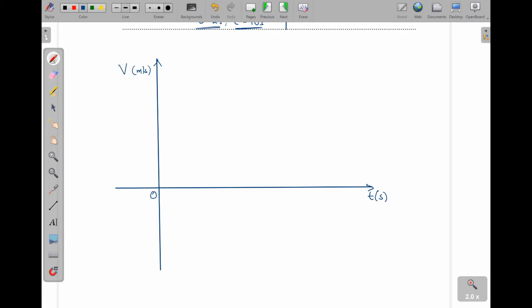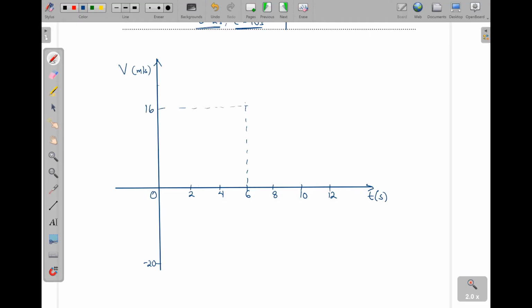So I can have here 2, 4, then 6, 8, 10, 12, like that. And let's say this is negative 20. We saw that when t is 6, we are having the maximum velocity, which corresponds to 16.